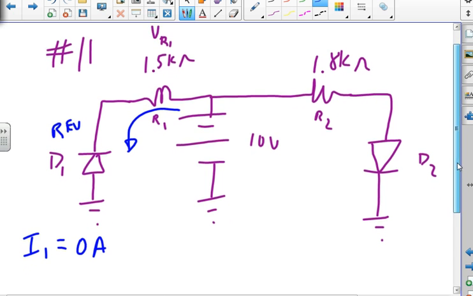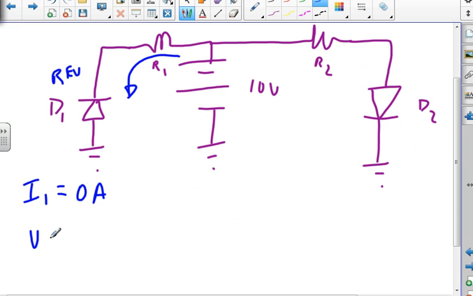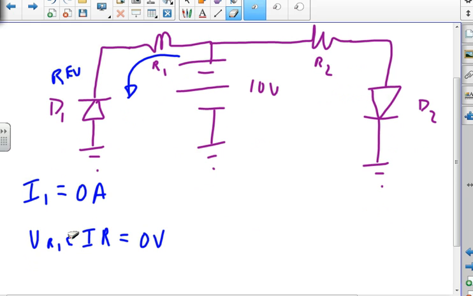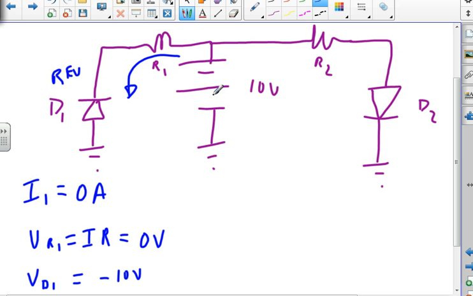If that current is 0, then the voltage across R1, which is I times R, with I being 0, means that it has to be 0 as well. The voltage across D1 we're going to count as minus 10 volts. So I go up 10, I go down 10, I get 0 in that loop.